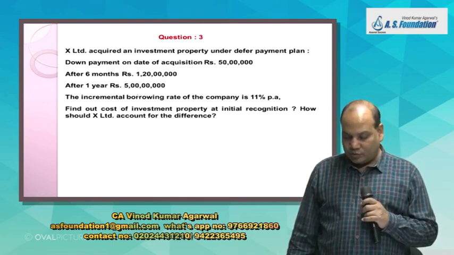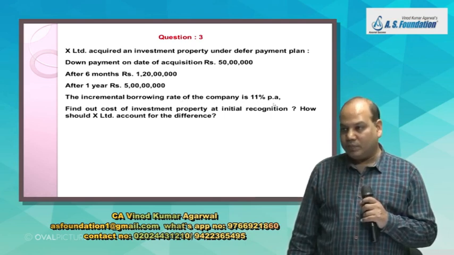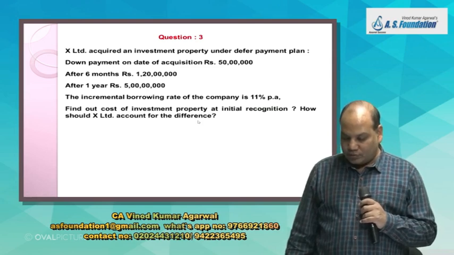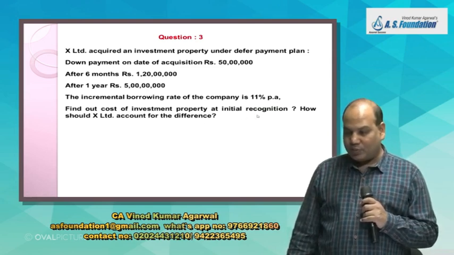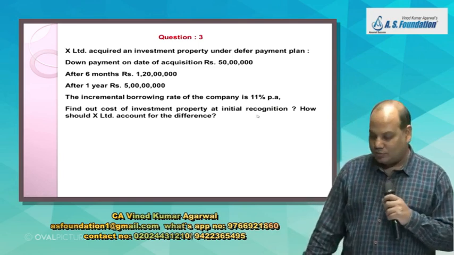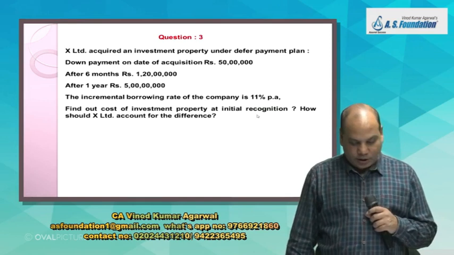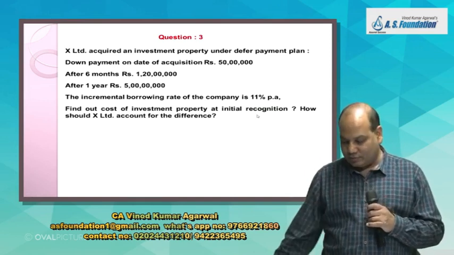Again, after 1 year, you have to pay 5 crore. The incremental borrowing rate of the company is 11% per annum. Find out the cost of investment property at initial recognition, and how should X Limited account for the difference? Pass the journal entries.